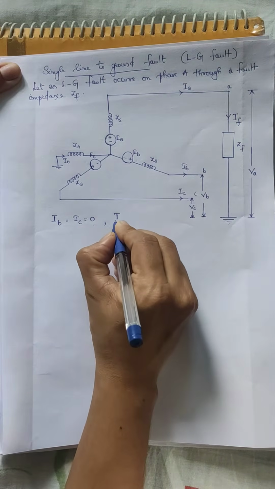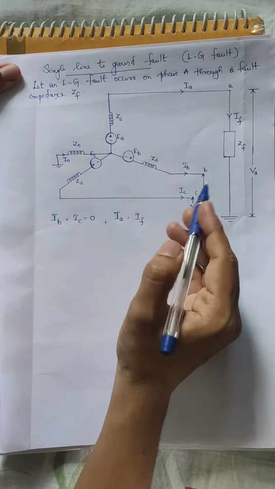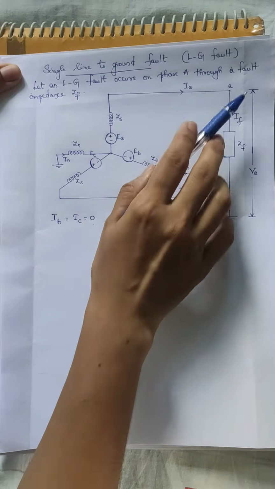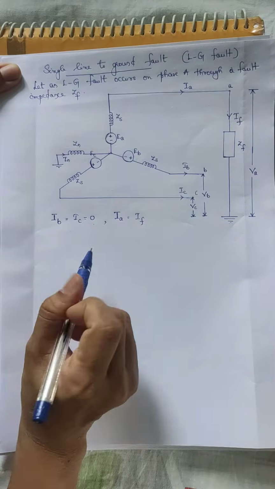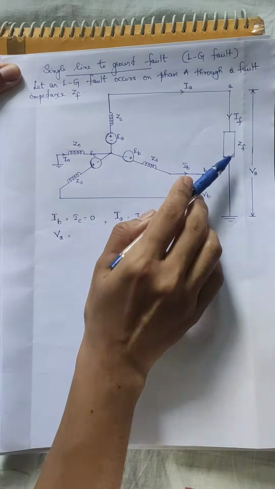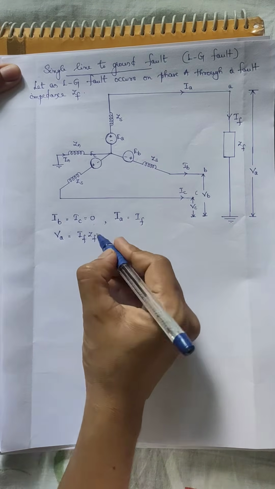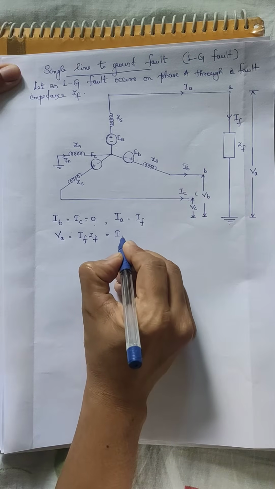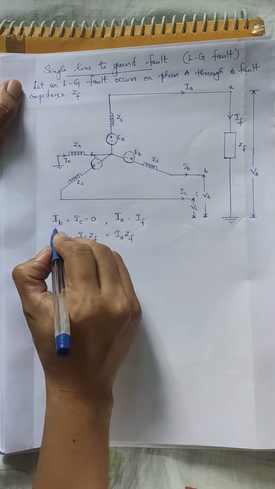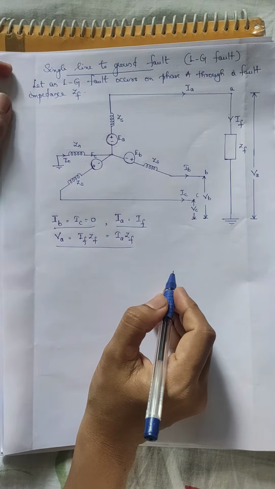So we can write IA is equal to IF. And one more condition, we can write the equation for VA, the voltage between phase A and the ground. VA is equal to IF into ZF. It can also be written as IA into ZF, because IF and IA are the same. So these are the boundary conditions to be used for the derivation purpose.